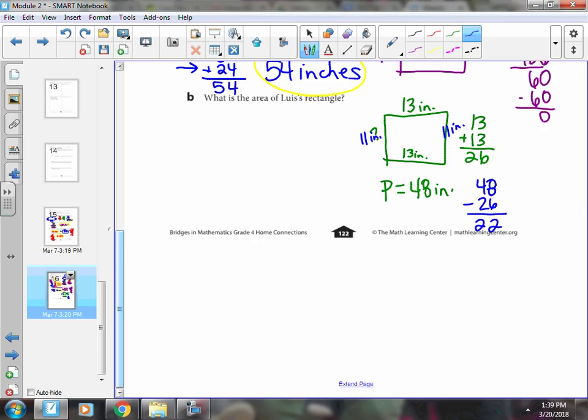Oh my goodness, one more step, because the question doesn't ask what the dimension is. The question asks, what is the area? But to find the area, we needed to know that the other dimension was 11. So now to find the area, as our last final step, we're going to take the length of one side, 13, and multiply it by the length of the other side, and that will give us the area. 1 times 3, then 1 times 1. 1 times 3 is 3. 1 times 1 is 1.